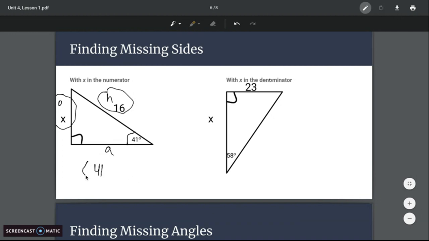So we know we're taking the sine for this one. So we can put that in parentheses and put sin.